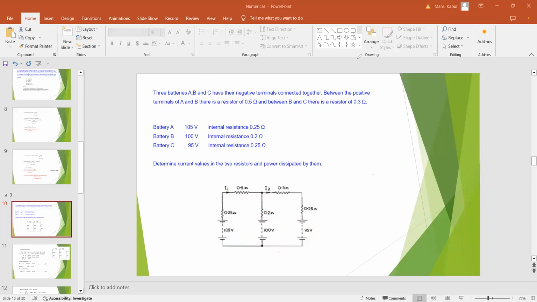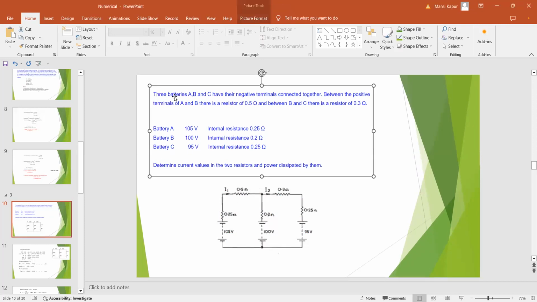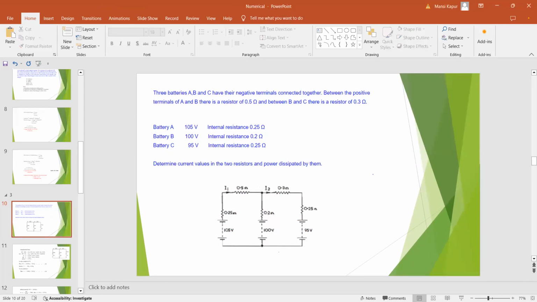Is the question clear? Can you solve this problem?